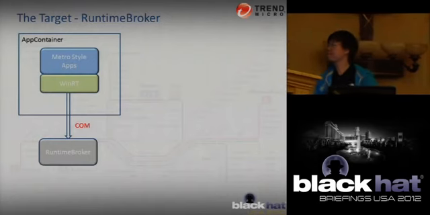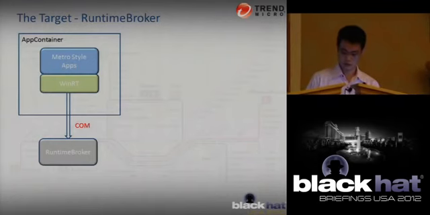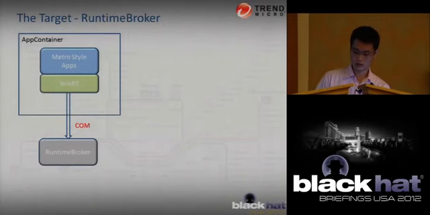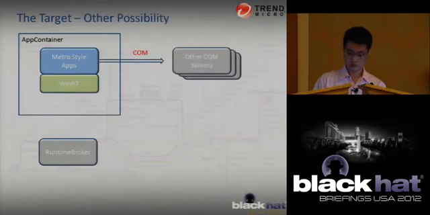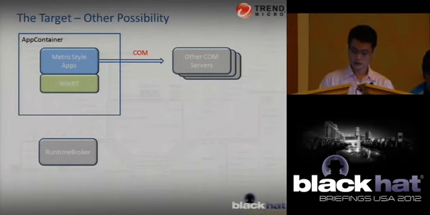So to attack a COM server, the first thing is finding the target: what COM server can we communicate with? The MetroStyle app mainly communicates with the runtime broker, so runtime broker is the first target. Aside from the runtime broker, is it possible to communicate with other COM servers?